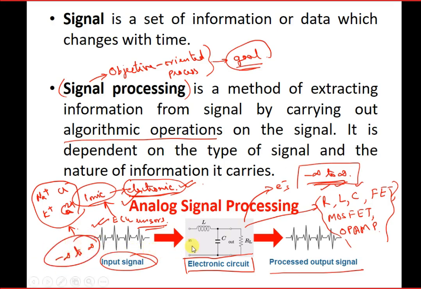So the definition of an analog signal is that its amplitude should be able to vary between minus infinity and plus infinity. In step 1 when we are acquiring the signal, in step 2 when we are processing the signal, and in step 3 when we are getting the processed output signal, in all of these we get signals which can have values in the range of minus infinity to plus infinity. This type of processing, where we use an electronic circuit to process analog signals, is regarded as analog signal processing.